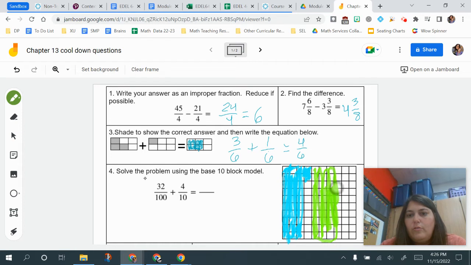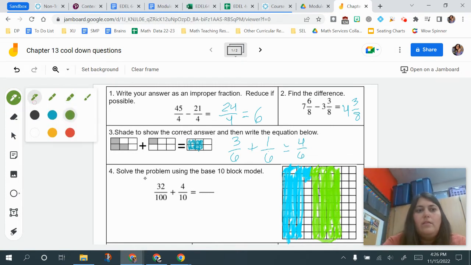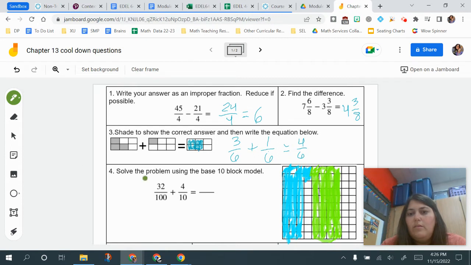And I don't have to put them next to each other, but I think it helps. Okay, so now I can kind of count up what I've got using my pen. So I've got 10, 20, 30, 40, 50, 60, 70, 2 hundredths. Here we go.